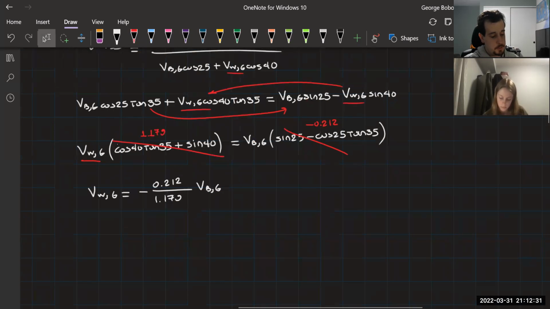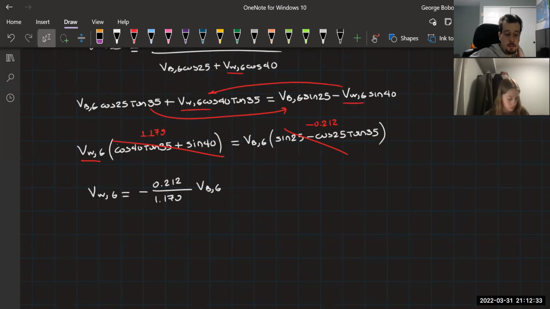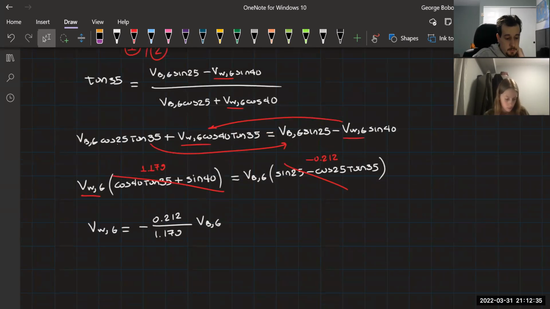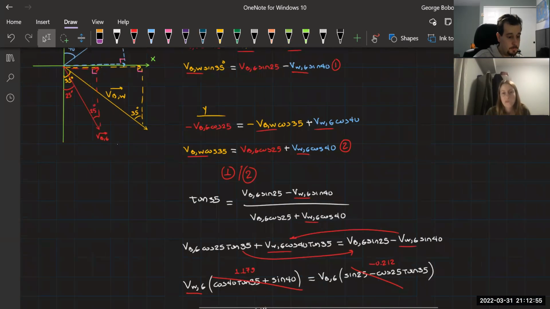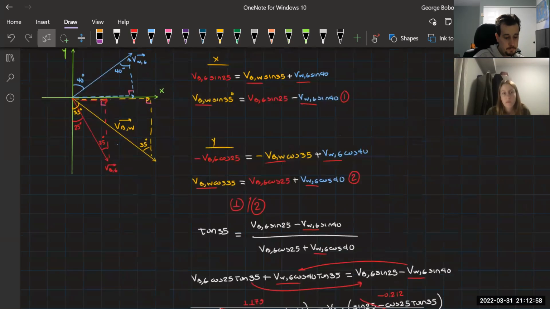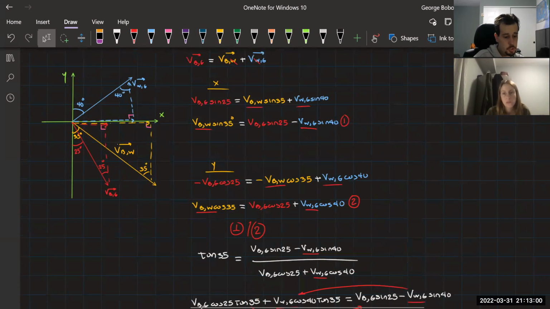Okay, let me make sure everything is good with the signs. I haven't screwed up anything. We're good. Move this on the other side, factored it. Okay, looking good. And the VWG on the first side, that's also good. As for the signs here, just give me a sec to check them.